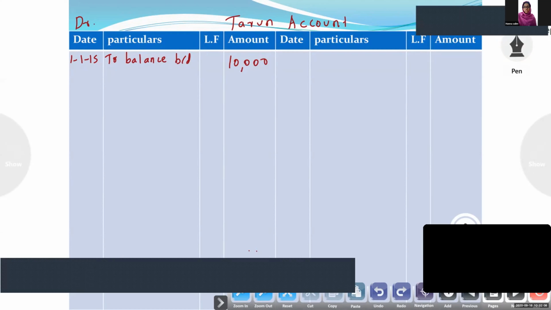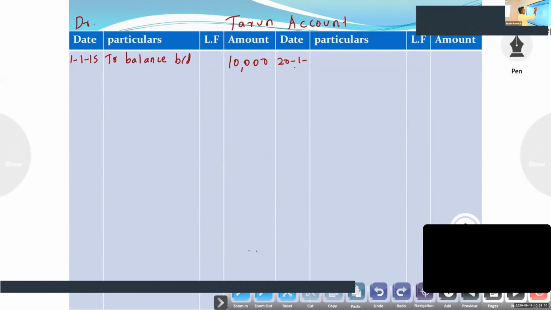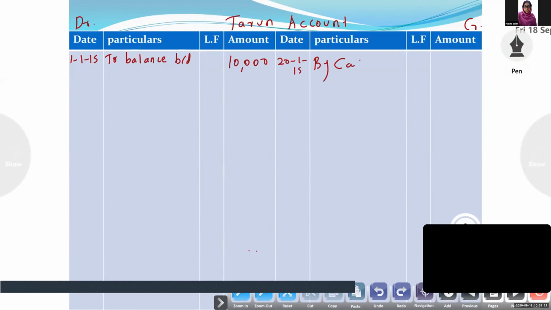Credit side, 20/1/15, by cash account, amount 10,000. Cash received from Tarun, 10,000.